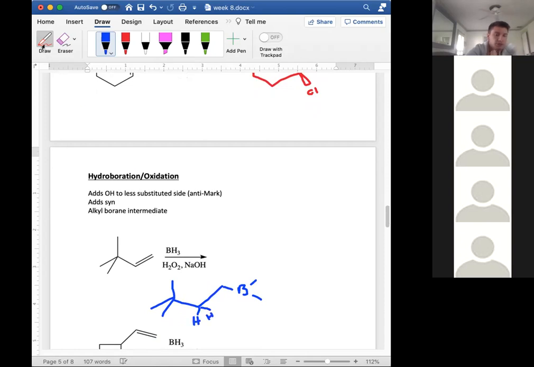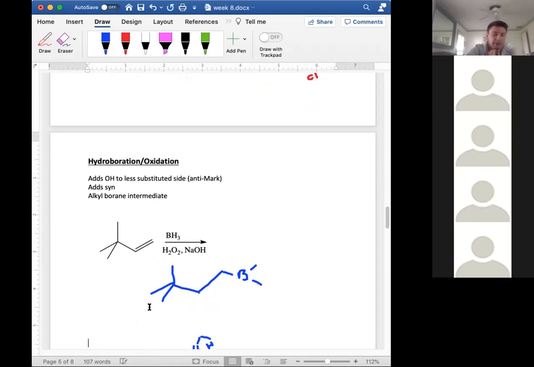So that's your alkyl borane intermediate, all right? Now, what happens is that your other reagents will come in and slice off that borane, and you replace it with your OH. Thus, all that you're left with is OH being added to the less substituted side. All right.